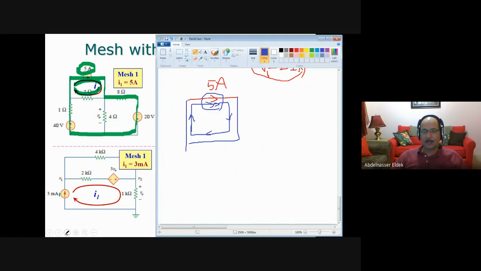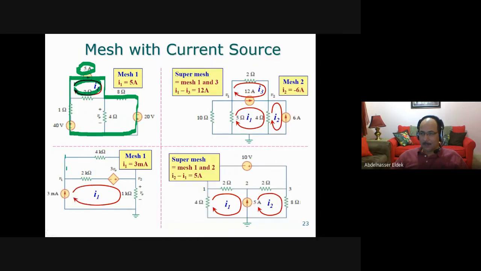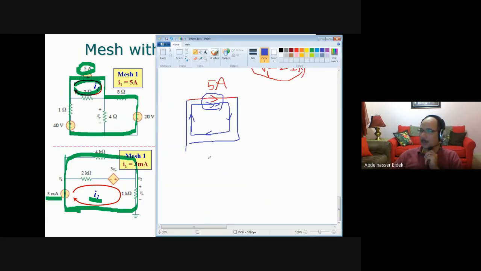Same for this example. If you look at the second one, the bottom, you will find this 3 milliampere is in an outside branch. So it is very clear that this 3 milliampere is equal to I1 in amplitude. Is it in the same direction? Yes. In general, the circuit has two meshes, and mesh number 1 is clockwise.